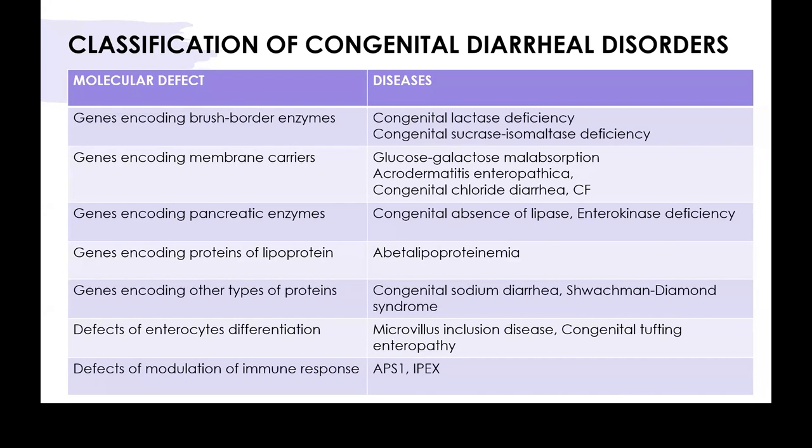If you look at this list, almost all of them are autosomal recessive conditions, except for one. Trainees, if you can guess, that is IPEX syndrome. So it's X-linked. All the others are autosomal recessive in inheritance, and almost all of them present within the first month of age.